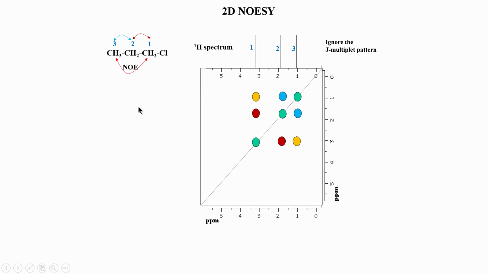In such cases the TOCSY peak will not appear between those two protons, because they are very far in terms of bonds, but they will appear in the NOESY spectrum because they are very close in space. So, the proximity matters here, and not how many bonds or how much is the J coupling. This is a very important point to keep in mind.